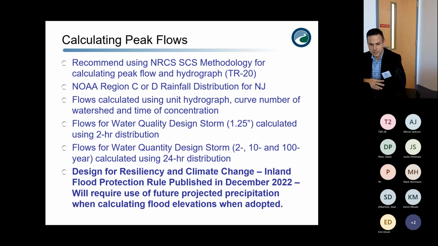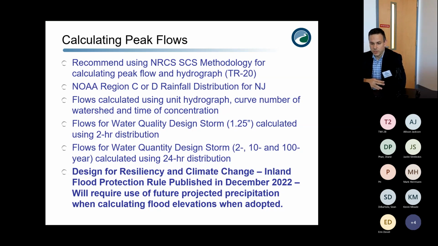It's either the NOAA Region C or D rainfall distribution. And the flows are calculated using a unit hydrograph, which is based on a rainfall distribution, kind of a typical rainfall distribution for that area. So you're using that unit hydrograph, you're using that curve number that we talked about within the watershed, and then a time of concentration, which I'll talk about in just a minute.